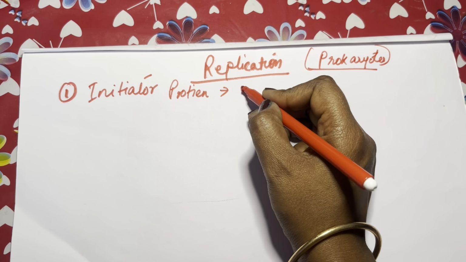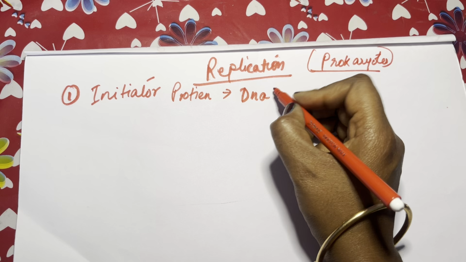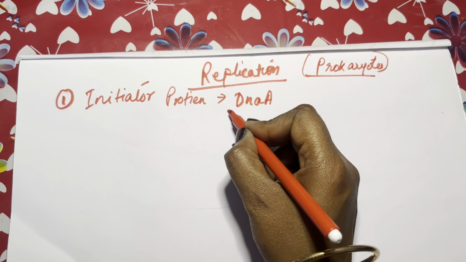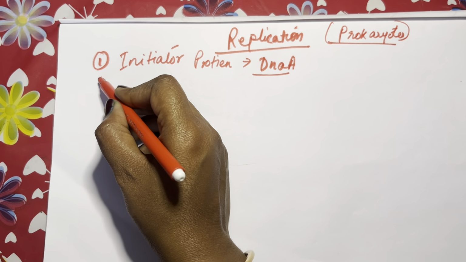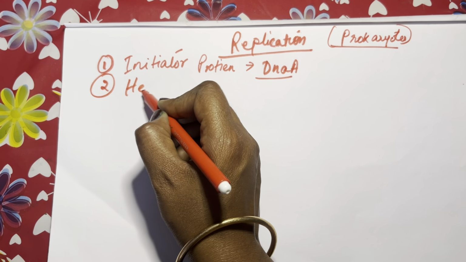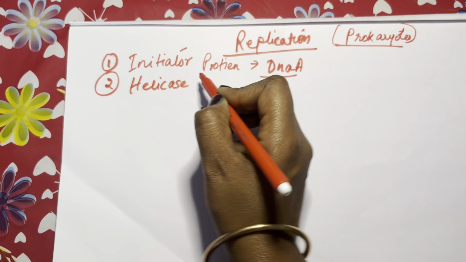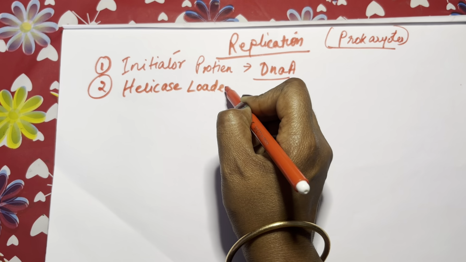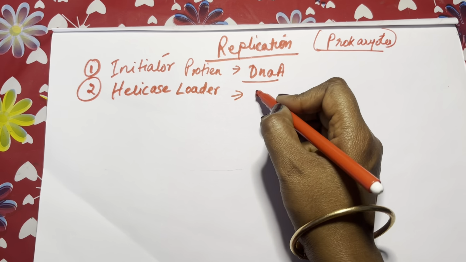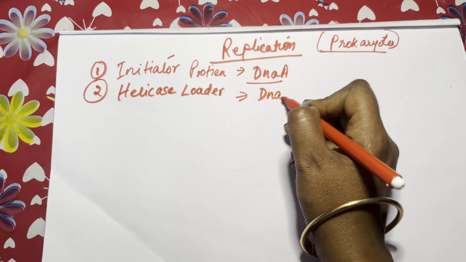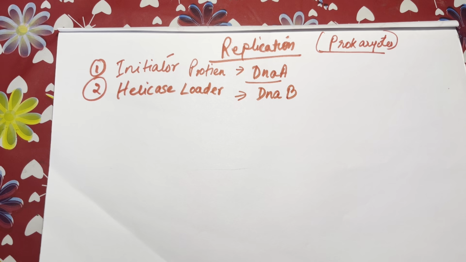In case of prokaryotes, we call it DnaA. After initiator protein, who will come? Helicase loader will come. Helicase loader in prokaryotes, we call it DnaC.